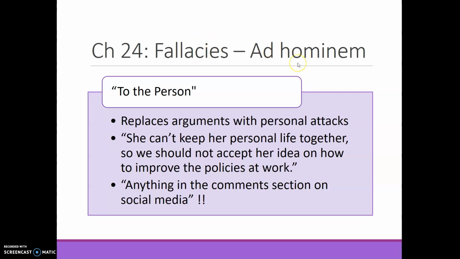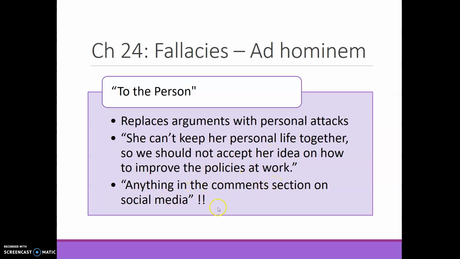And then there's the ad hominem, and that's to the person. So those are going to be fallacies where you're directly attacking who the person is instead of the argument. So you don't feel like you can make a good argument against their actual policy or what they've said, so you just attack them. So she can't keep her personal life together, so we should not accept her idea on how to improve the policies at work.